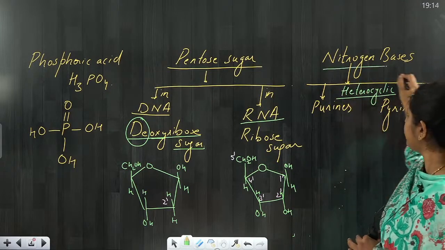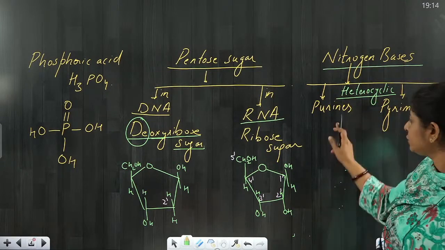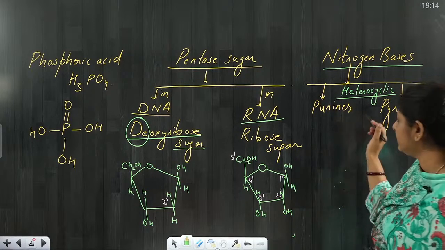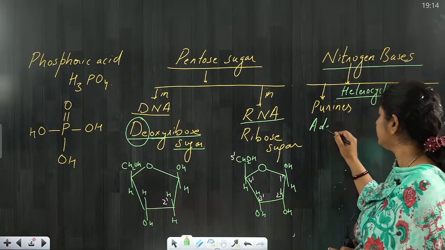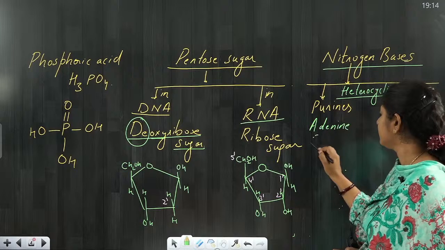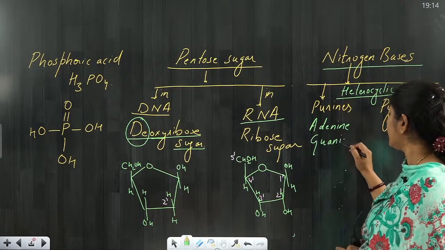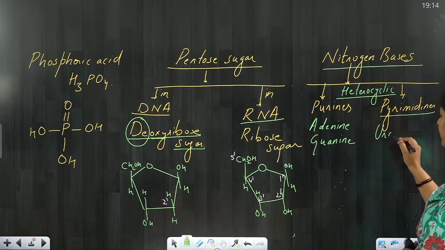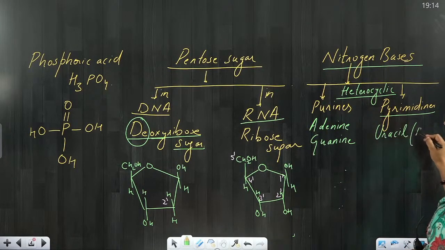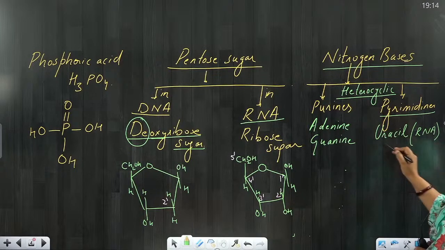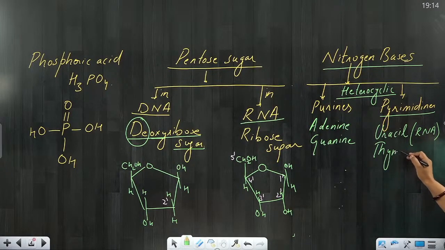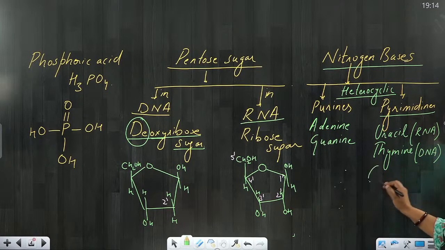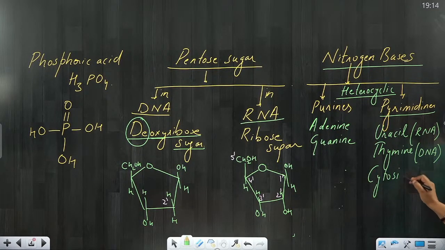That's why you call them nitrogen bases. Which 2 purines are there in nucleic acid? That will be adenine and guanine. And what pyrimidines are there? Uracil in case of RNA, thymine in case of DNA, whereas cytosine is in case of both DNA and RNA.